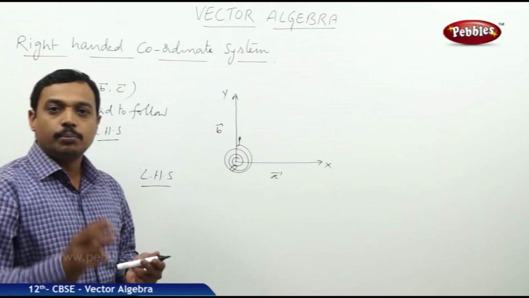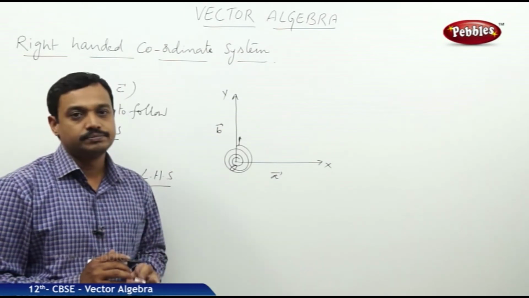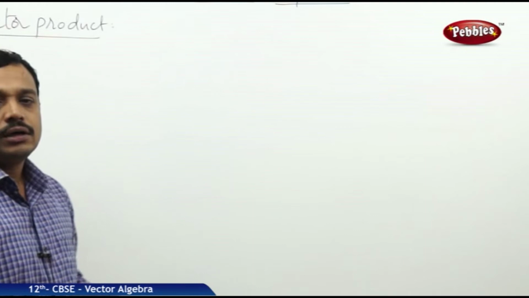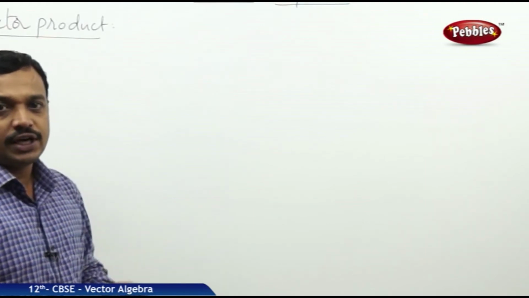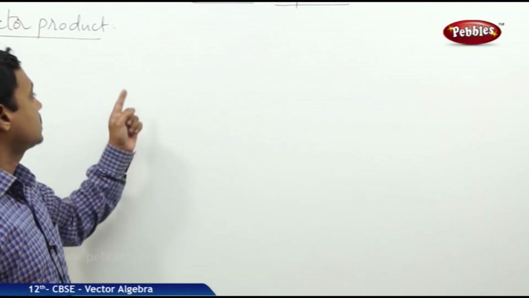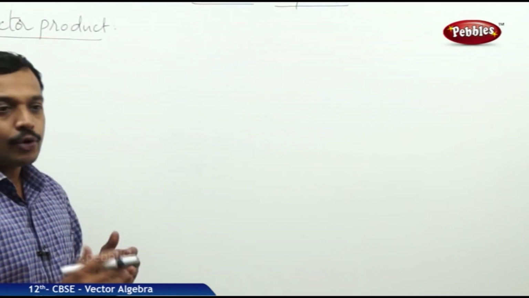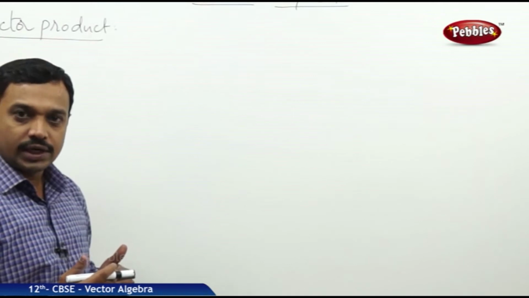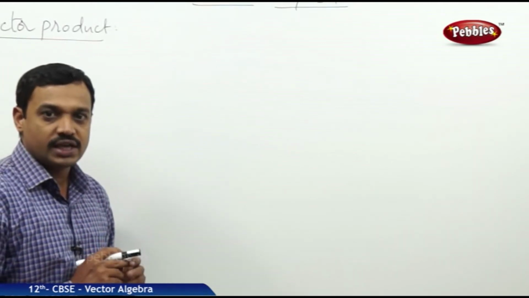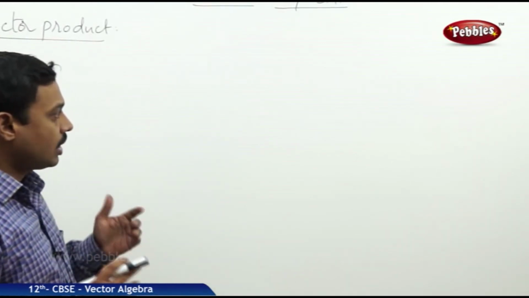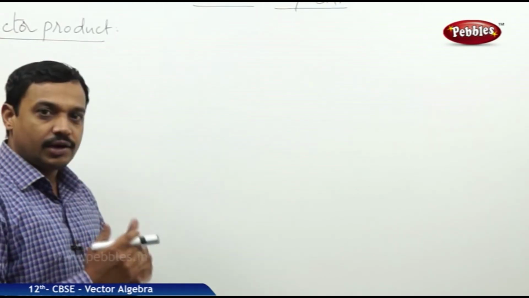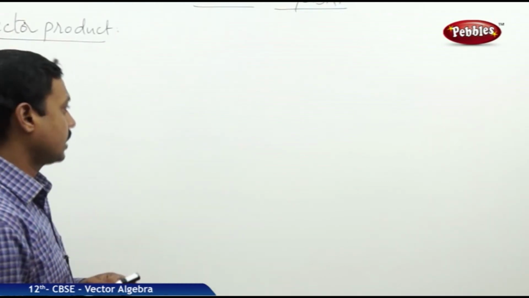Now these are the two important systems in vector algebra. We know that the product of two vectors is defined in two ways. One is the scalar product, the second is the vector product. If the product of two vectors is a scalar quantity, then such a product is known as the scalar product. We have already learned about the scalar product.